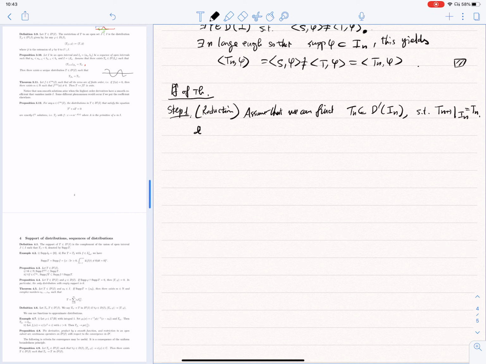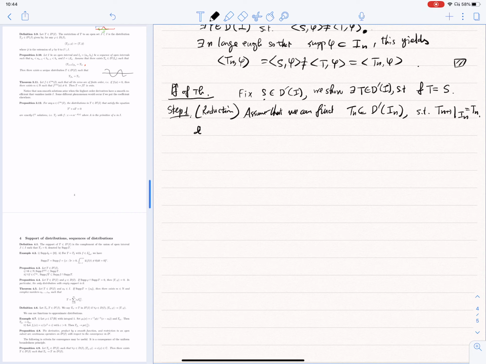And also, we'd like to have a solution to the problem, which is to say, fix S a distribution on I. We show there exists a T distribution on I such that fT is S. Okay, so this S is fixed, and we're going to find such a T through a localization argument.